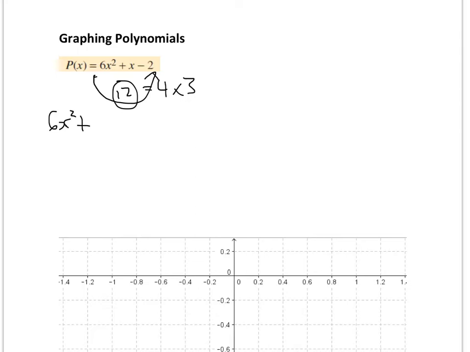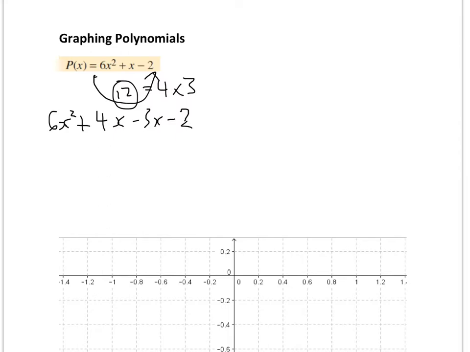Now, because 1 is positive, I'm going to write it as 4x minus 3x minus 2. And if you're wondering where I got these two from, it's because if you join these two together, it gives you plus x.